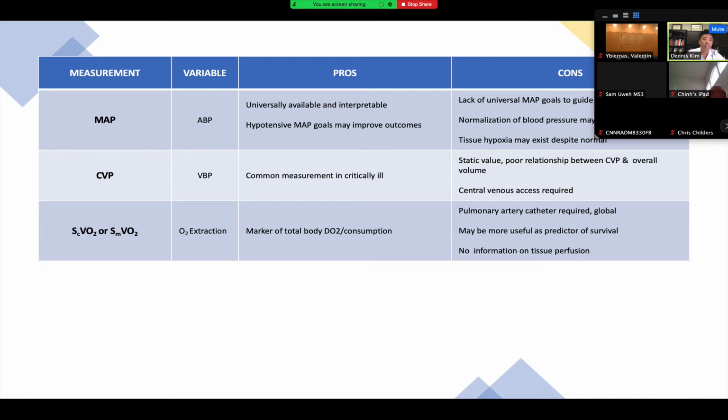Now, with that said, there is a measurement that we can get off of a central line that is potentially helpful, and that would be your central venous oxygen saturation. And this just provides us with a global overview of the balance between oxygen delivery and oxygen consumption. And in the average adult, we can remember that their cardiac output is typically 5 liters per minute, or about 80 cc's per kg.